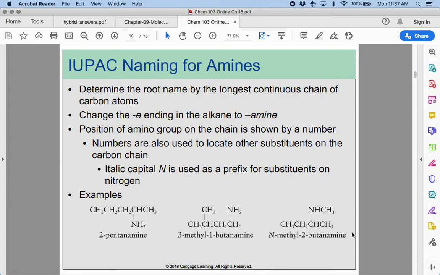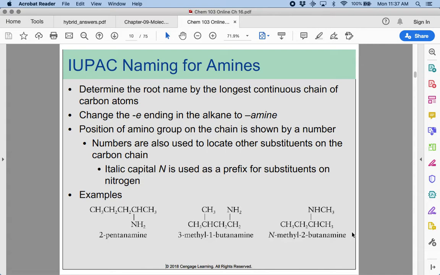When we're doing our IUPAC naming system, we're going to go back to the same rules that we've been using up until this point, which include finding the longest chain of carbons that contains the nitrogen group on it.